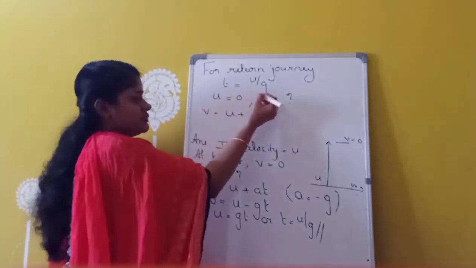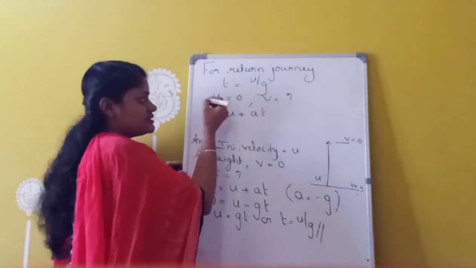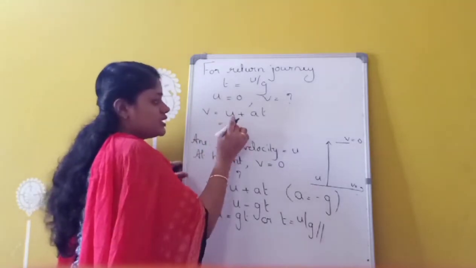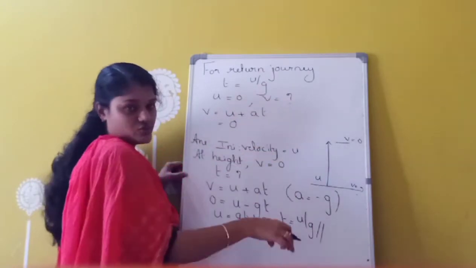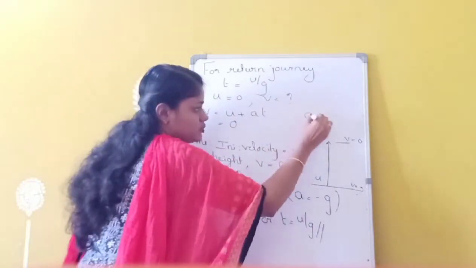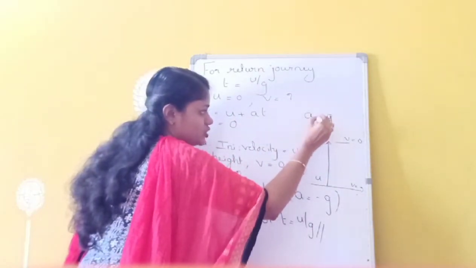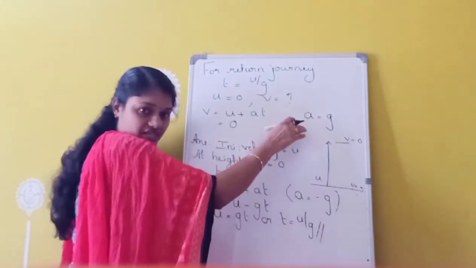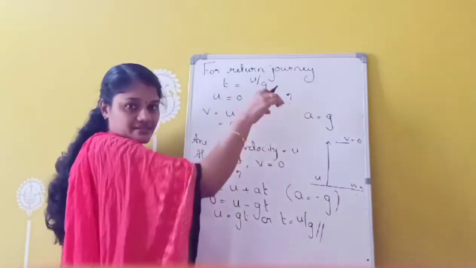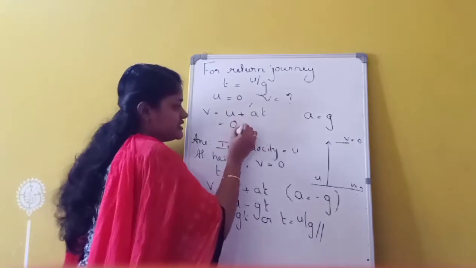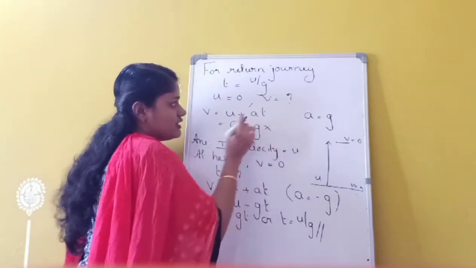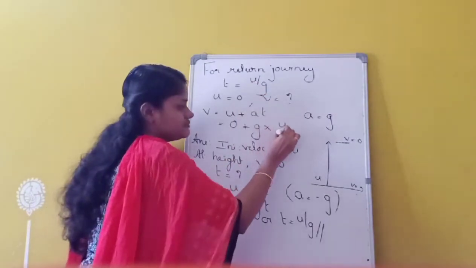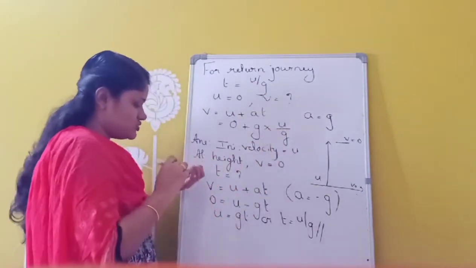So v means we don't know the value, equals u, which is 0. Now this body is coming down, that is, it is moving towards gravity. So instead of a, we put plus g, not minus, because it is not moving against gravity. It is moving downward in the direction of gravity. So we write plus g into the time, u by g.